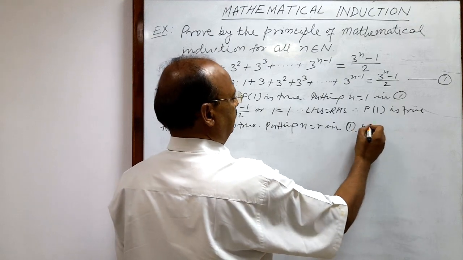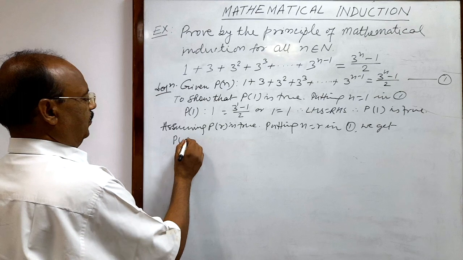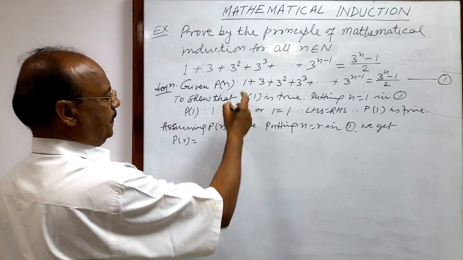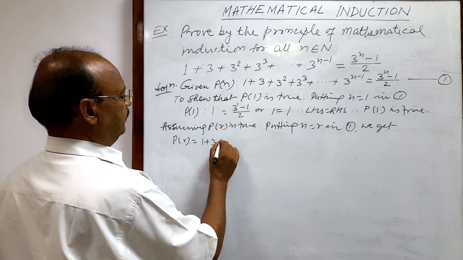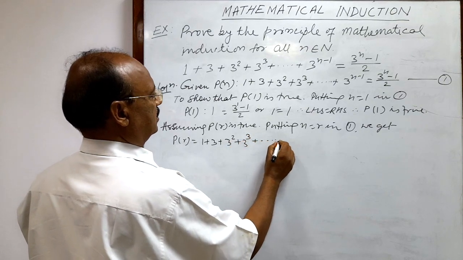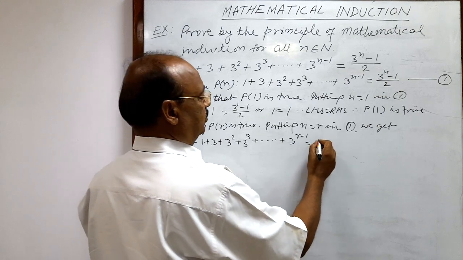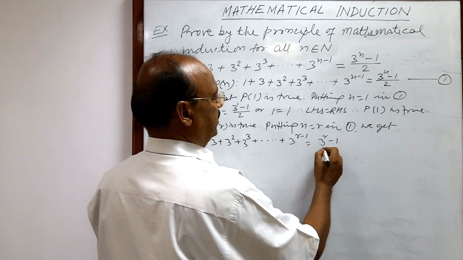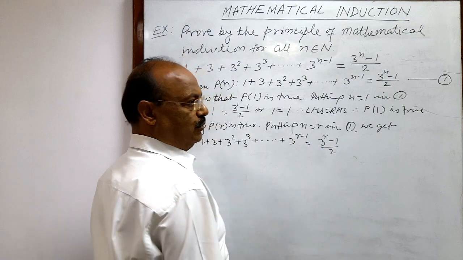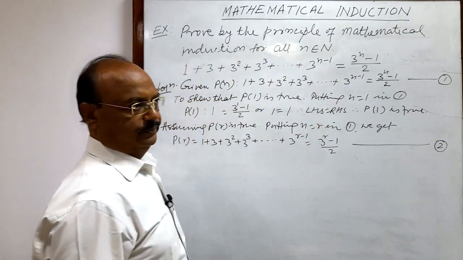We get PR, which is 1 plus 3 square plus 3 cube plus up to 3 to the power R minus 1, is equal to 3 to the power R minus 1 divided by 2. Let us call it relation number 2.